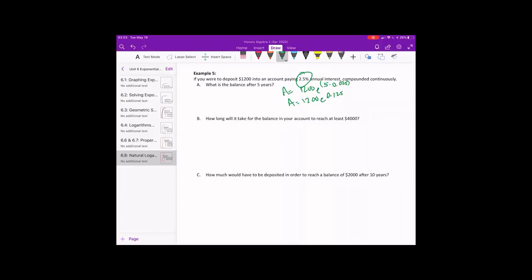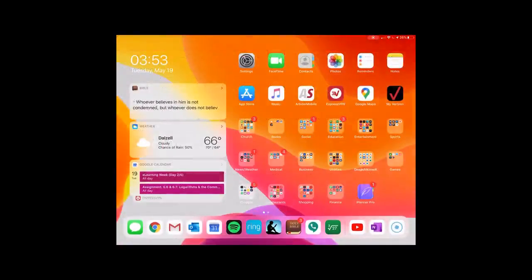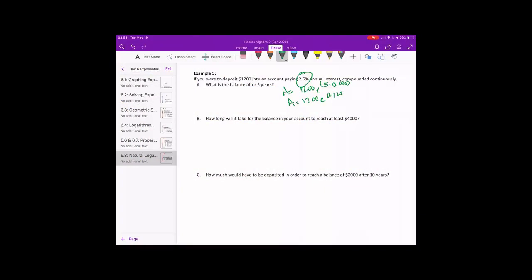And then we would go to our calculator. 1200 times e to the 0.125.